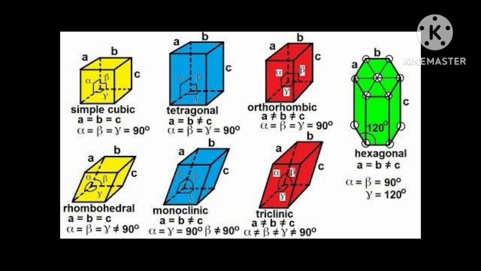And what will be the length? A is equal to B, but B is not equal to C. Here one length is differing.